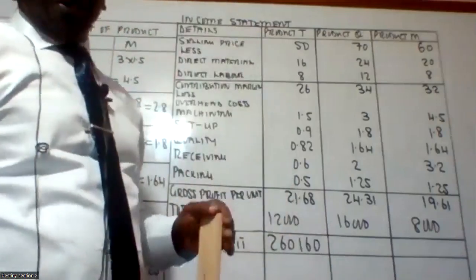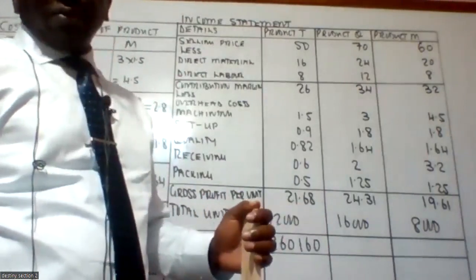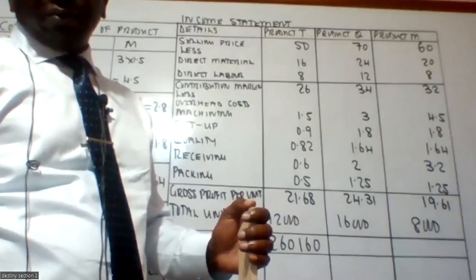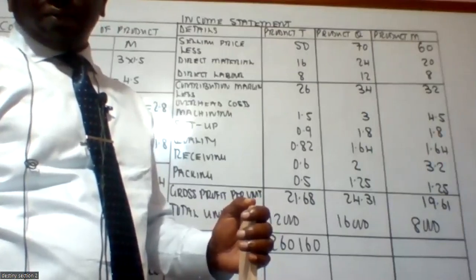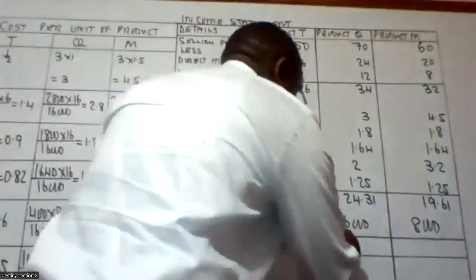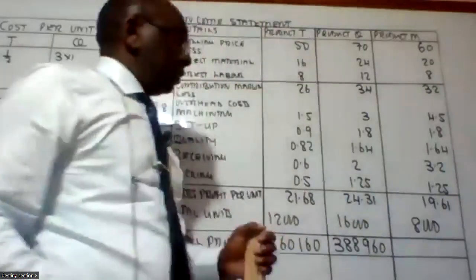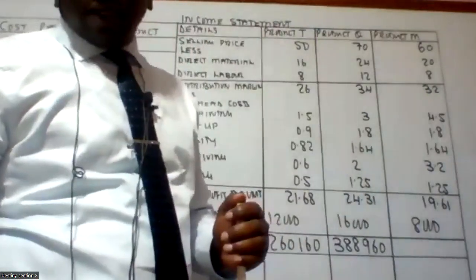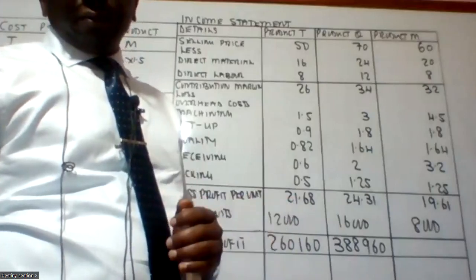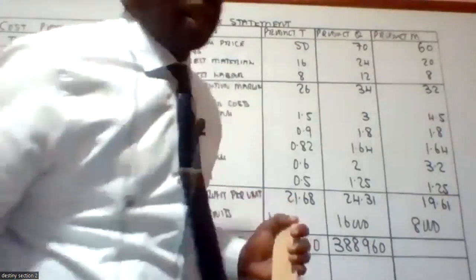Give me product Q. $388,960. And the last one, $156,880.